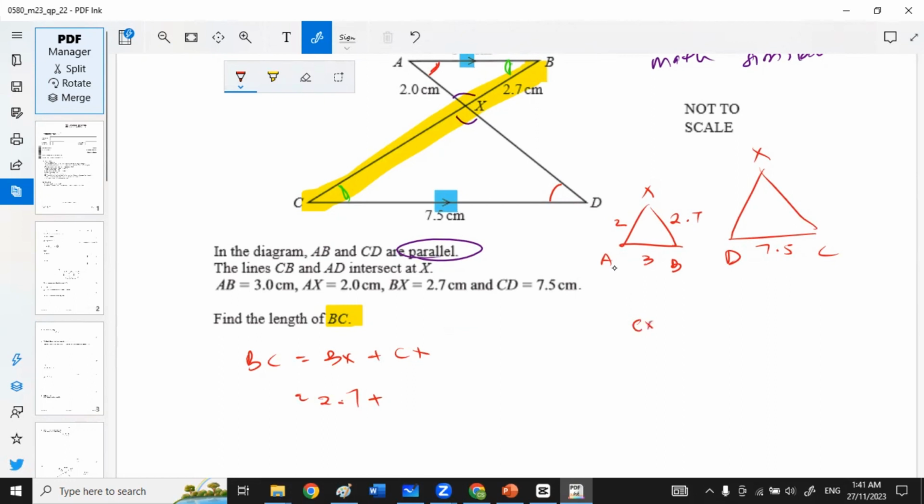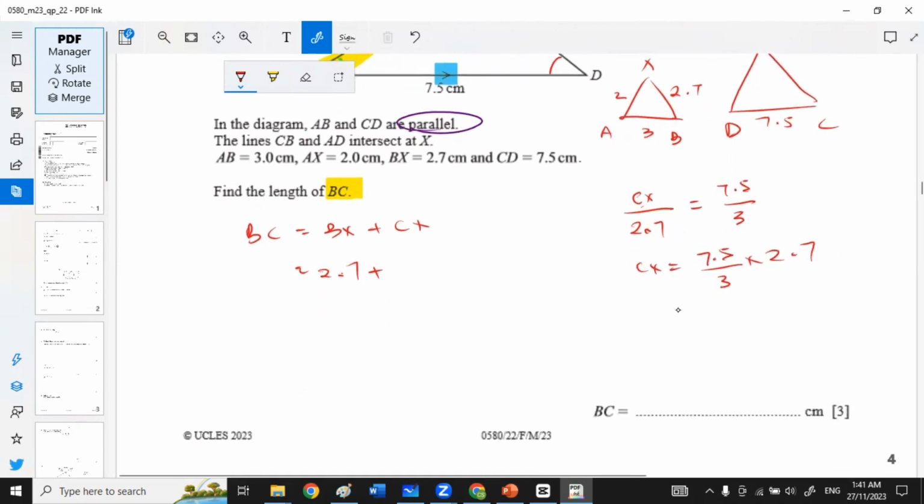So CX over 2.7, the corresponding side, should equal 7.5 over 3. So CX is equal to 7.5 over 3 times 2.7. Calculate, you should get 6.75.